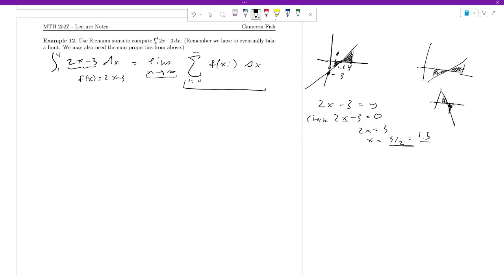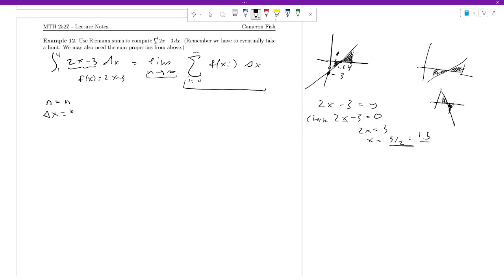Just like last time, what are the things we need? We need n. Here, n is not a fixed number. Like before, we had n is 4 or n is 2 or something. Here, n is just a variable. That's okay. You don't even need to write that, but it's worth mentioning. What's delta x?